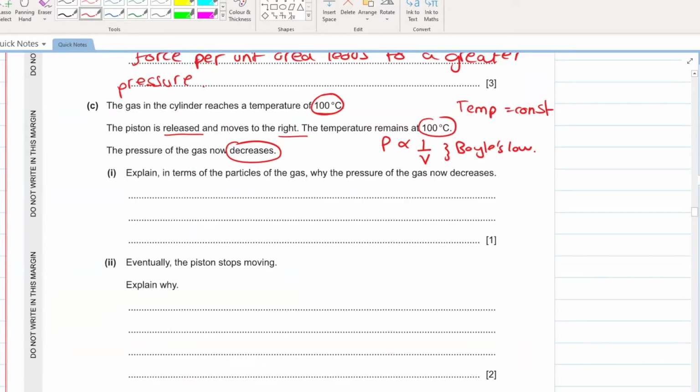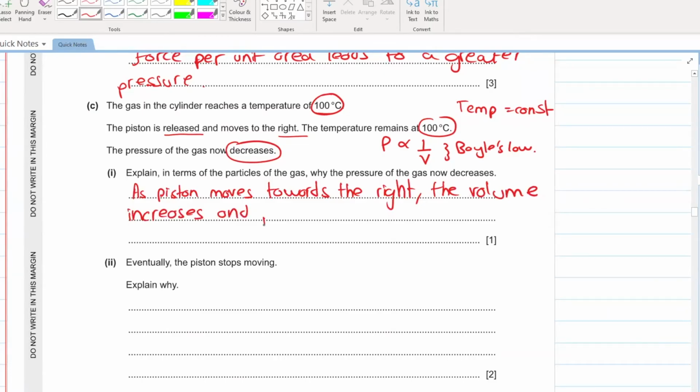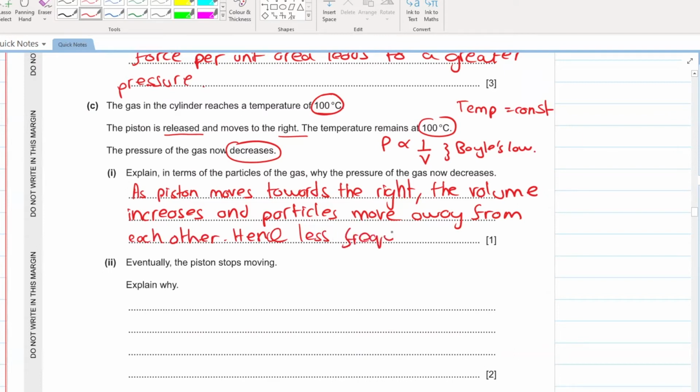You can say, as the piston moves towards the right, the volume increases and the particles move away from each other, hence less frequent collisions.